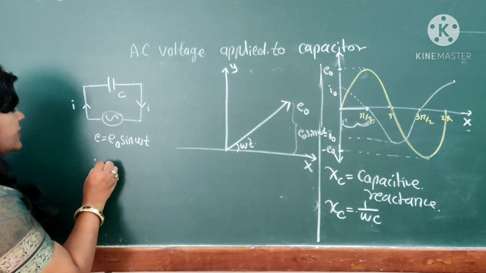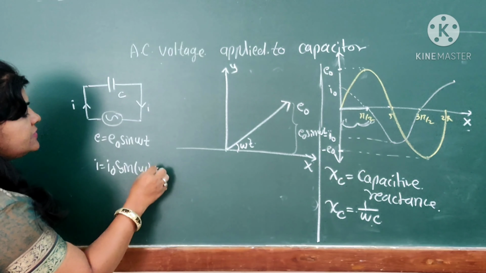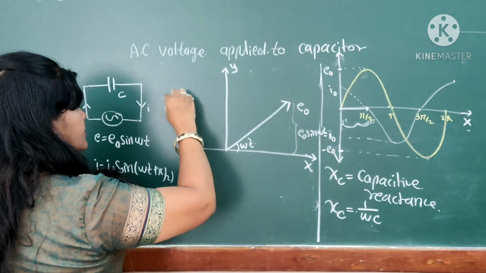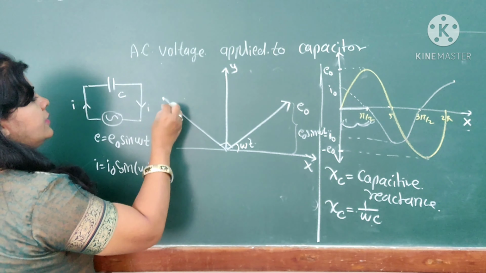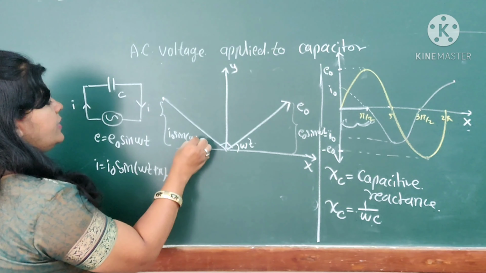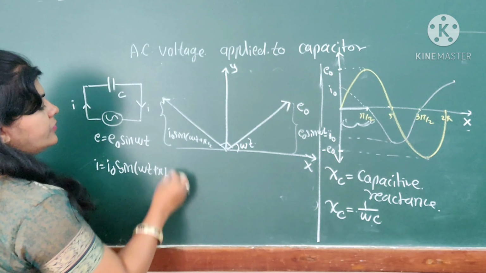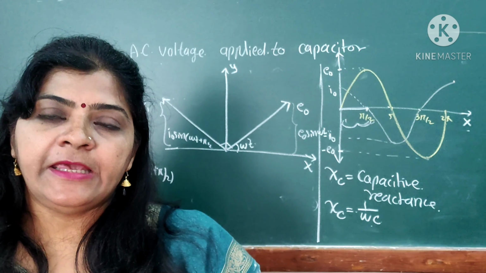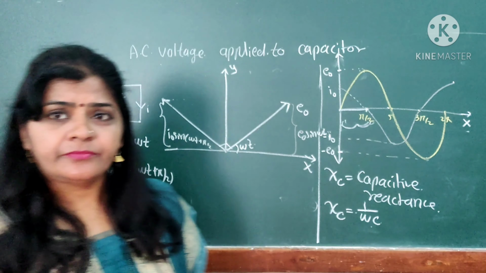Next is I equal to I naught into sine (omega t plus pi by 2). That's why here the angle is 90 degrees, and this value is I naught into sine (omega t plus pi by 2). This is the arrow for it. This way we draw the phase diagram of the EMF and the current of alternating currents. Thank you.